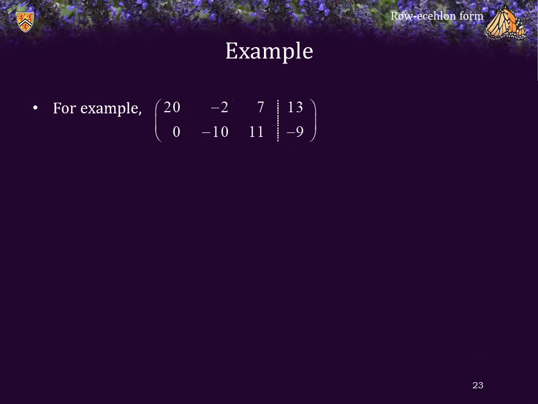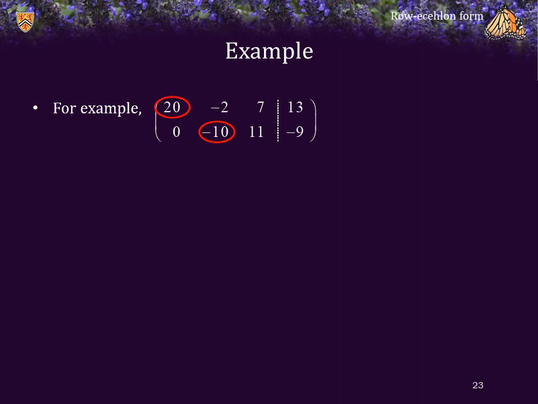Alright, let us consider this augmented matrix that represents a system of 2 equations in 3 unknowns. This augmented matrix is in row echelon form, and thus we can solve this using backward substitution. Alright, so we note that the rank of this augmented matrix is 2 because there are 2 leading non-zero entries.